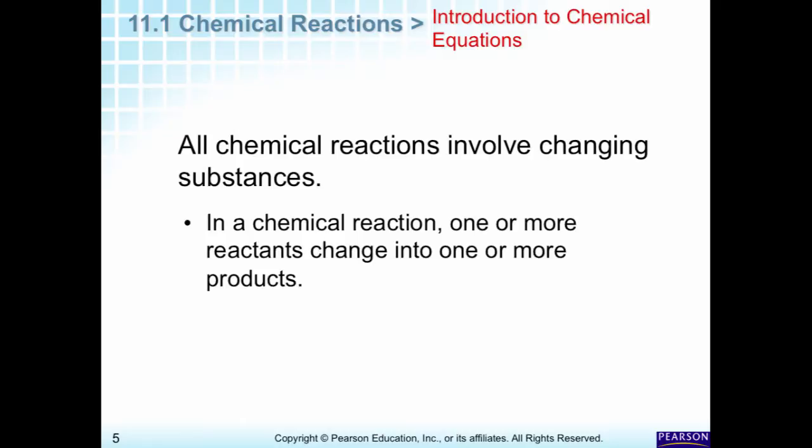Chemical reactions require that a change is made in the substances. In other words, whatever substance you start with, you end up with a different substance. So at least one thing is changing, if not everything, in a chemical reaction when you make new products.